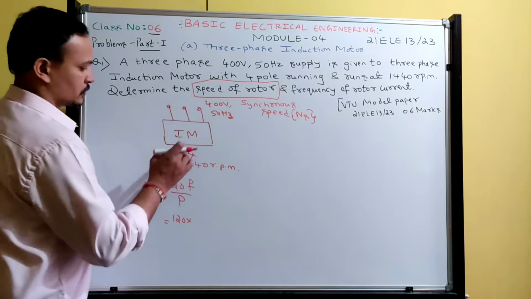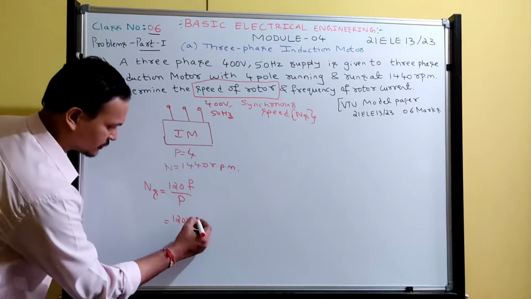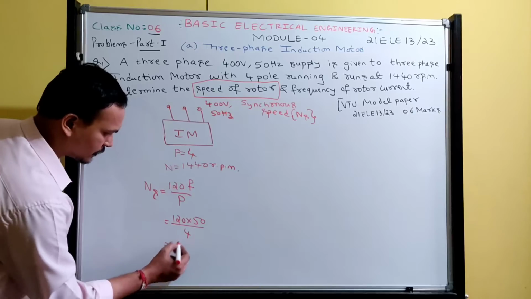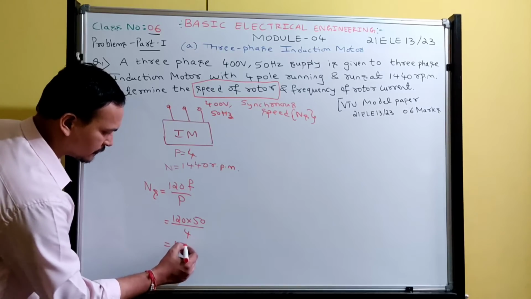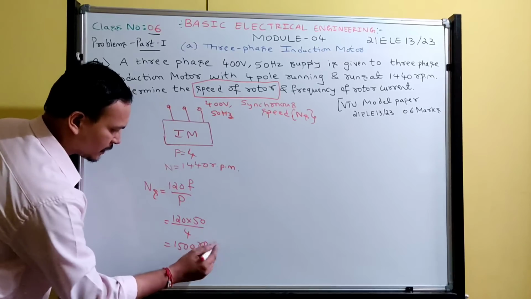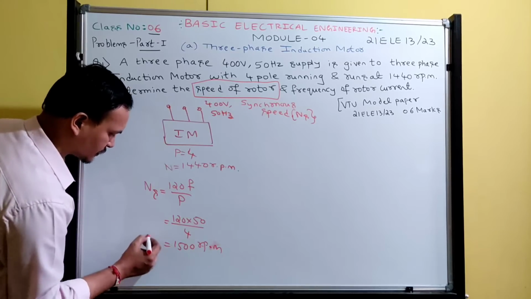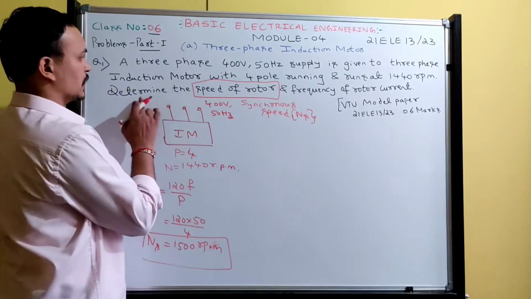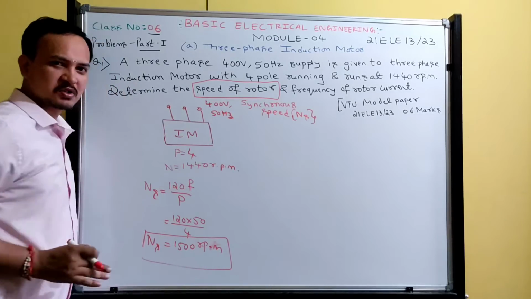So f is 50 hertz. 120 into 50 divided by 4. So this becomes 1500 rpm. The synchronous speed is 1500 rpm. So this is the first question. They should ask like this: determine synchronous speed.